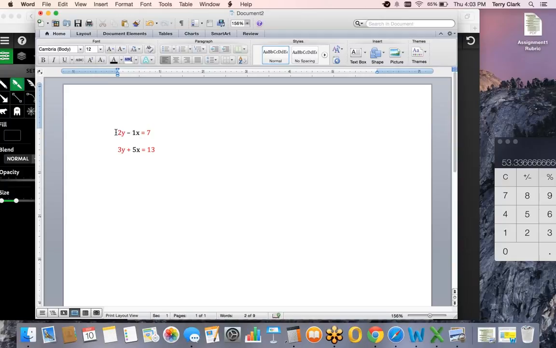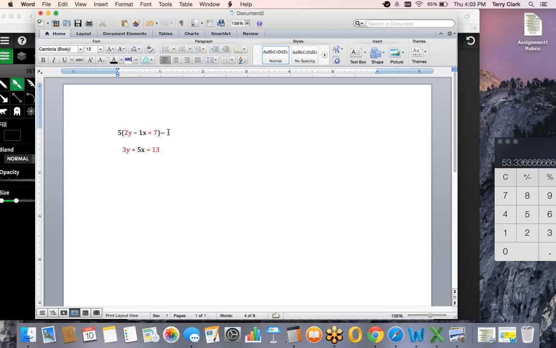So all I need to do is multiply the top one by 5, and I'm going to make this black so you can see the changes I've done here. That'll give me a negative 5x for the x value, which is what I want because I need to cancel them out.